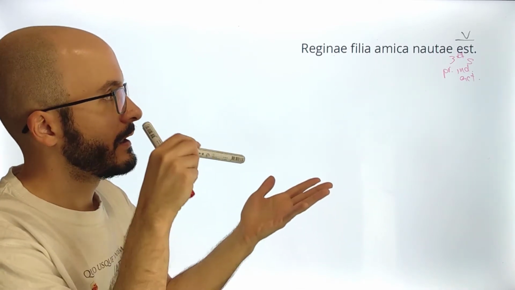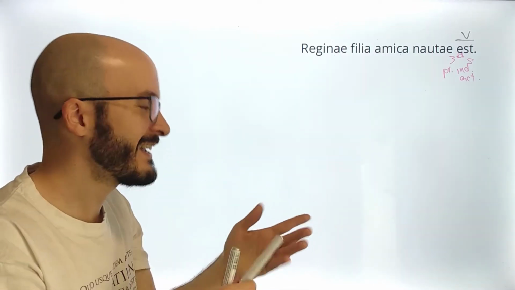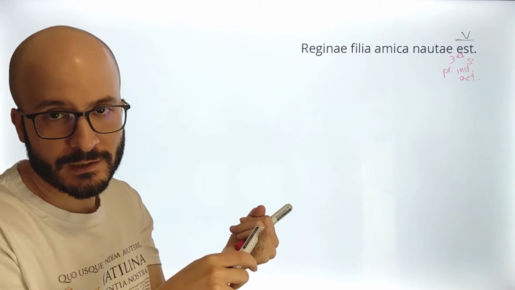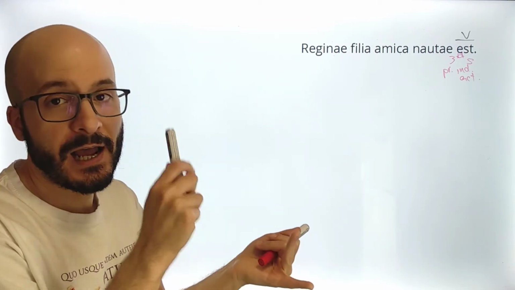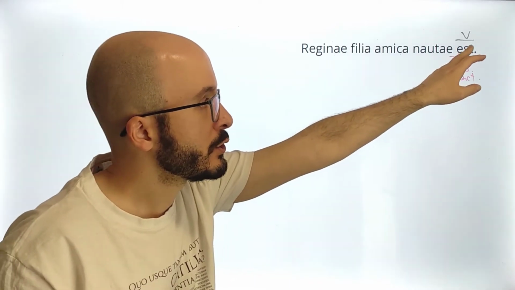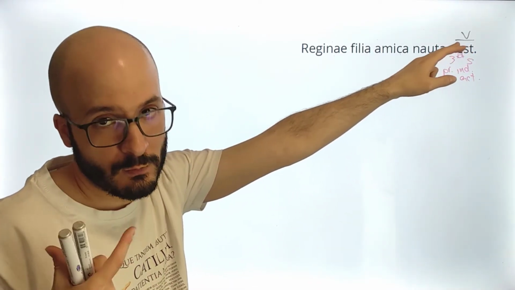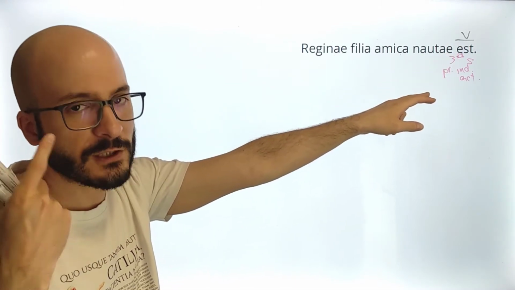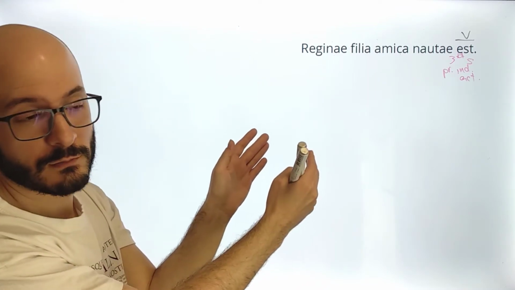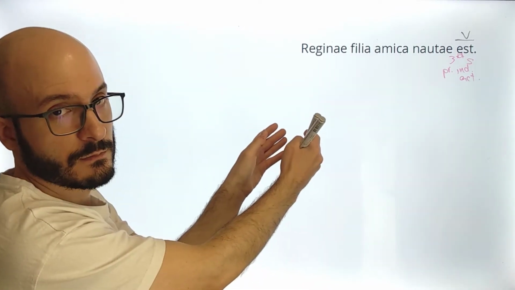Something or someone is something or someone. So we are going to need a subject, as always, and then an attribute. The attribute is the complement which usually goes with the verb sum. With the verb sum, we usually, not always, have subject and attribute. So for example, he is my friend.